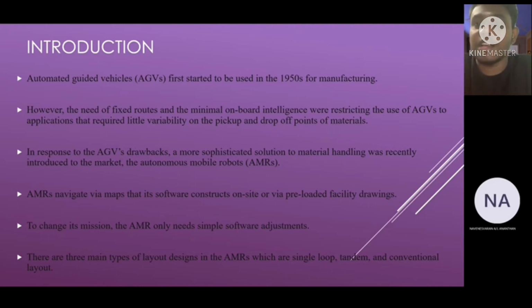AMR navigates via maps that are software constructed on the site or via preloaded facility drawings. To change its mission, the AMR only needs a simple software adjustment. For example, there are three main types of layout design in AMR, which are single loop, tandem, and conventional layout.